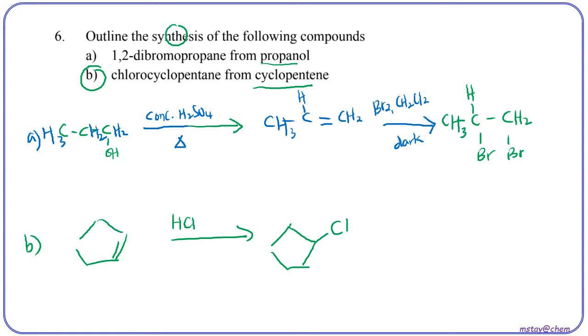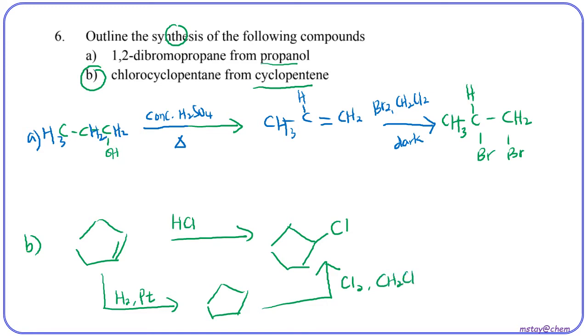Or you have another way. From the cyclopentene, you react with hydrogen with the presence of platinum to produce the cyclopentane, and then the cyclopentane will undergo halogenation with the Cl2 in CH2Cl2 with the presence of UV.